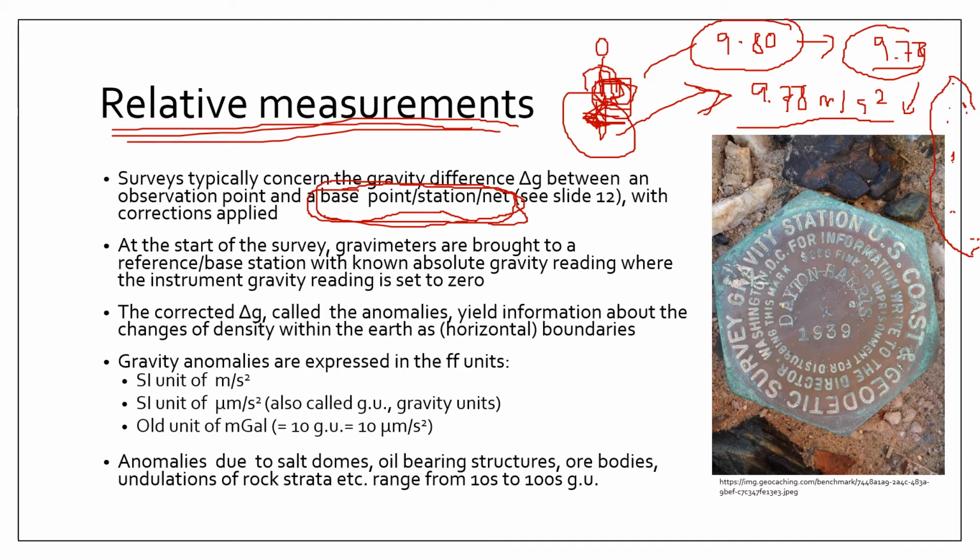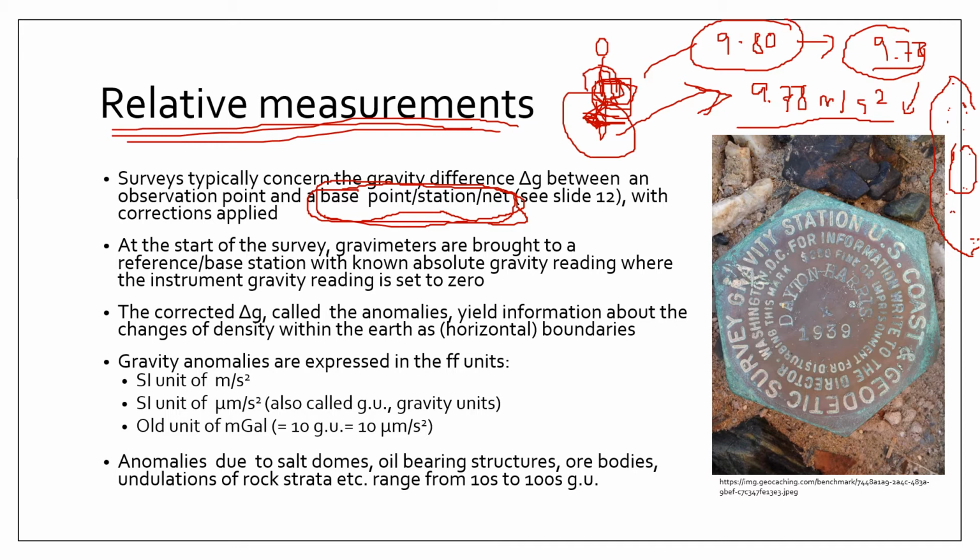So if in those areas you get a difference of 0, it means that there's nothing special in that area. But if you're getting a gravity difference that is positive, it means that there is a dense object lurking beneath in that area.